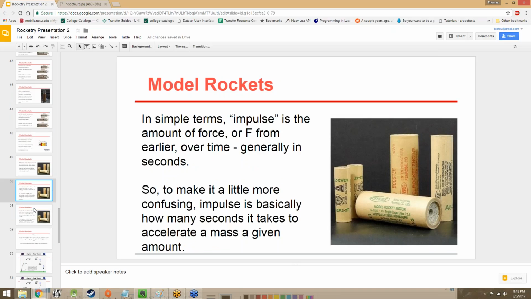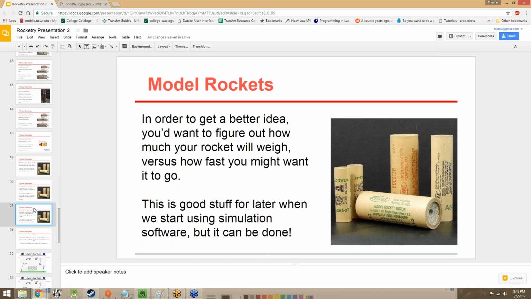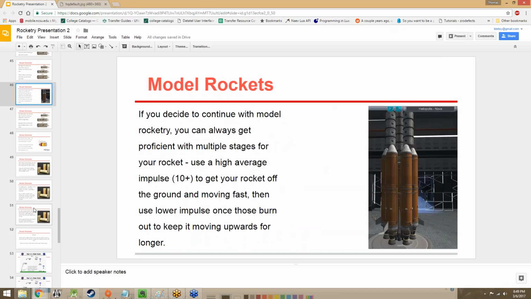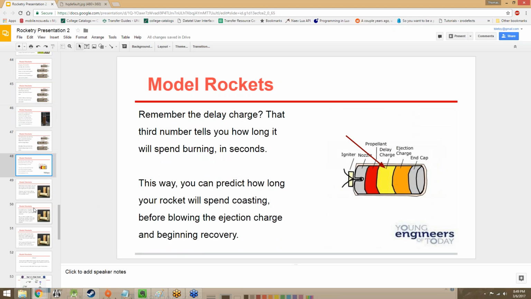But anyway, you want to basically use these concepts in order to get a better idea of how your rocket would perform, but you would need to know how much your rocket would weigh versus how fast you might want it to go, and then you can use that information to divine a good class and average impulse of engine and stuff like that.